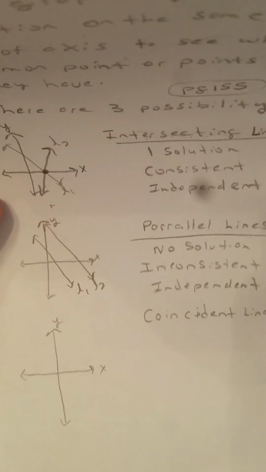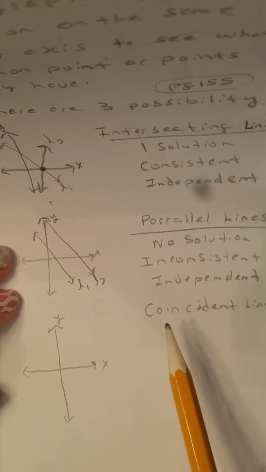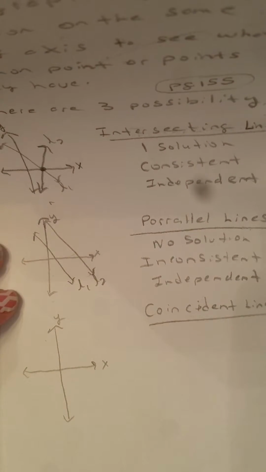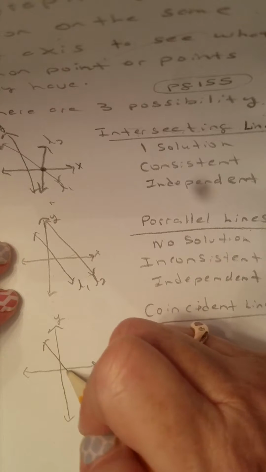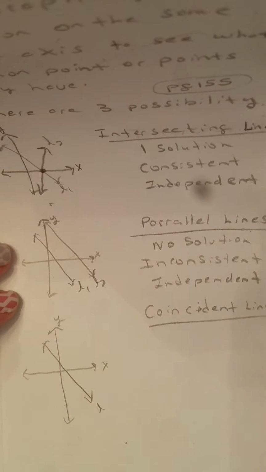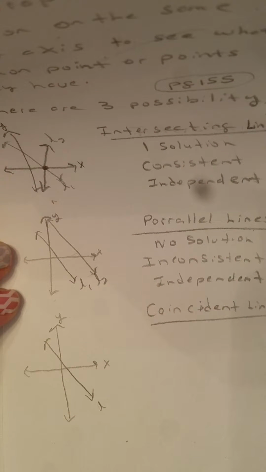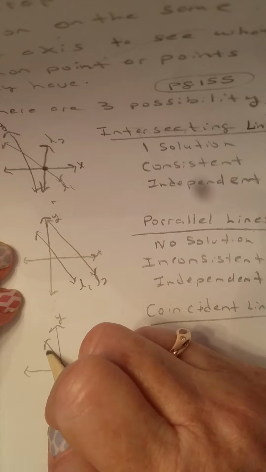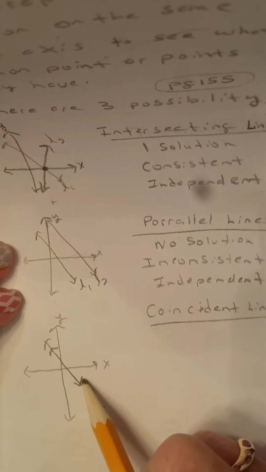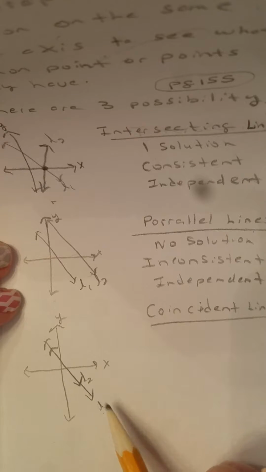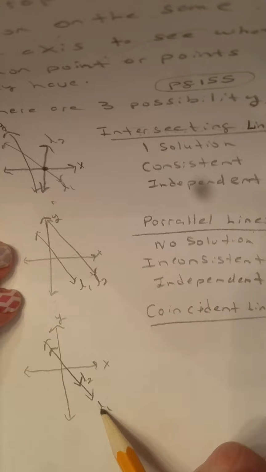And the third type you could have is what we call coincident lines. That would be like if I graphed the first line, and then I graphed the second line, and it ends up that line 2 and line 1 are basically on the same line.